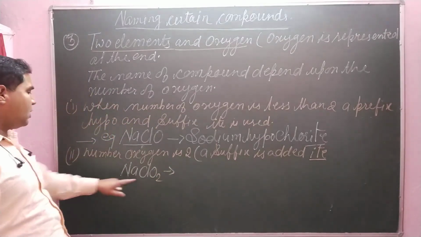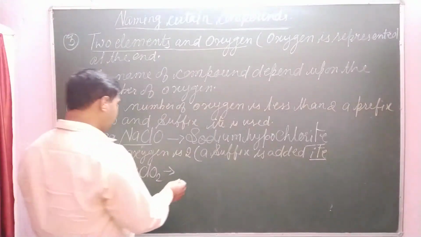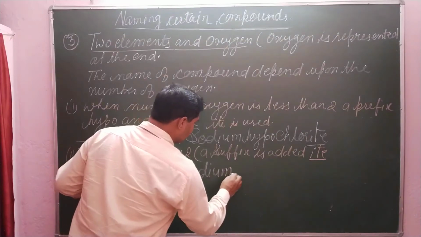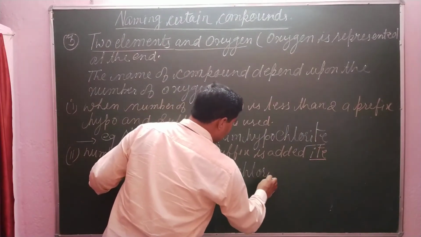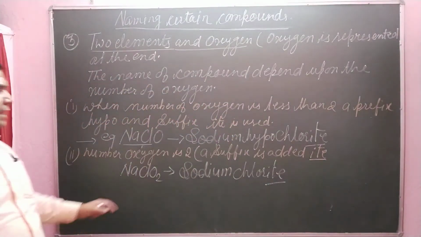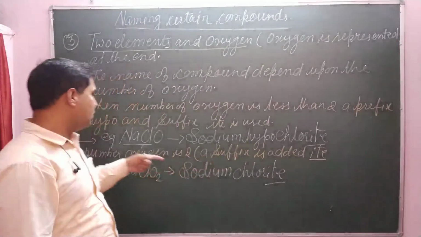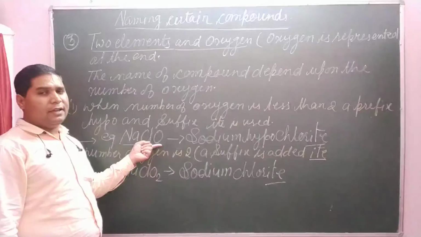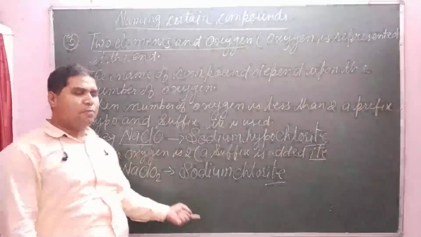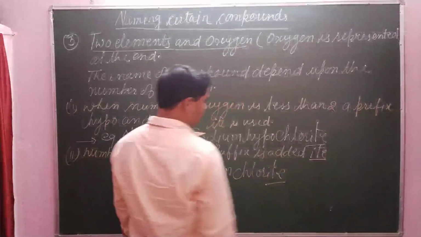The number of oxygen is 2. So the name of the compound will be sodium chlorite. Here hypo will not be used. Dear student, as you see, hypo is used in the compound where the number of oxygen is only 1. But where the number of oxygen is 2, hypo is not used, only ite is used.